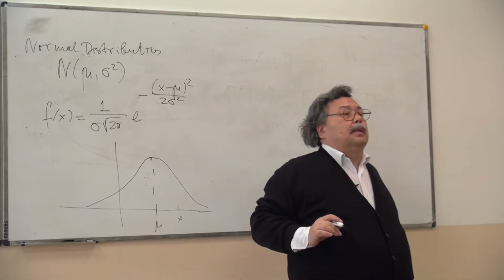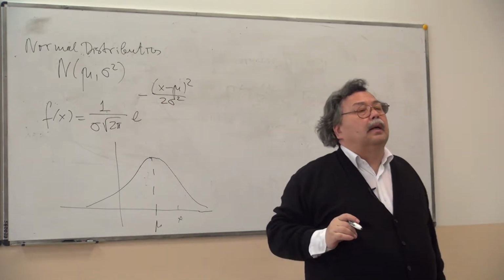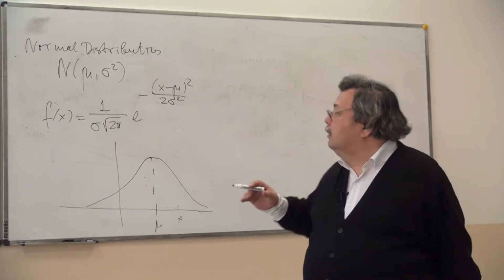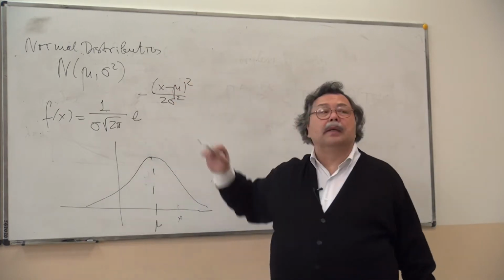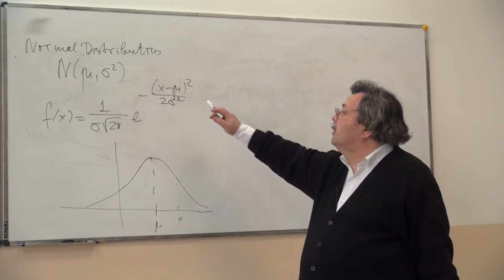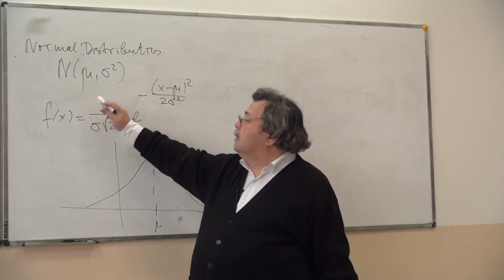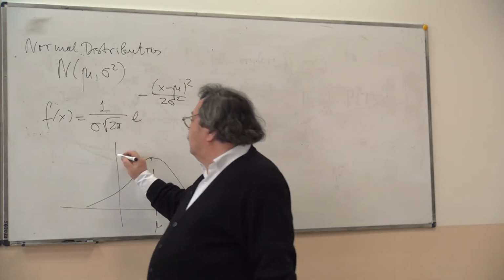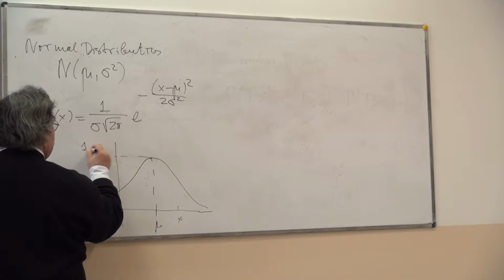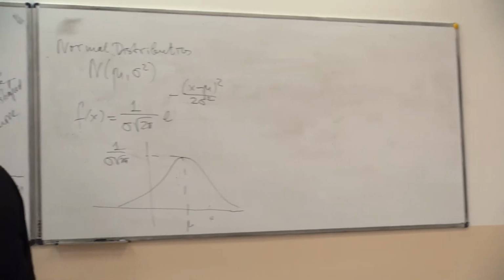Now, what kind of law is this? Because we have a negative sign here. Well, this whole thing is never larger than 1, and it takes the value of 1 when x equals mu. That is at this point here. Okay. Well, considering this constant factor here, the maximum of this function is just this, and it's attained at the point mu.